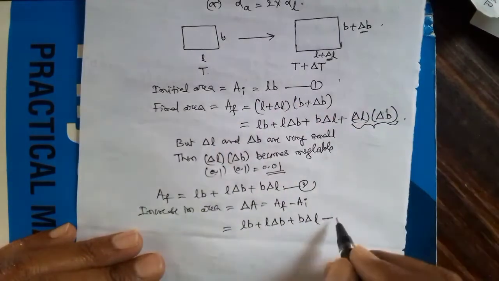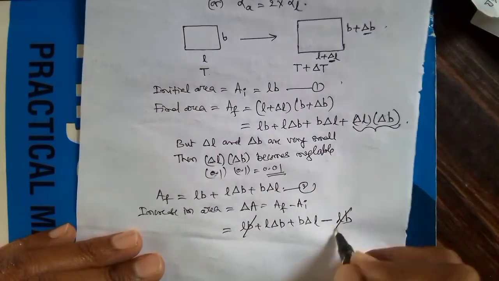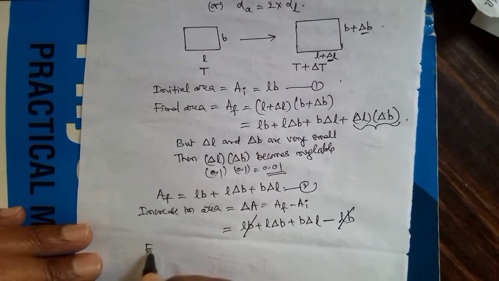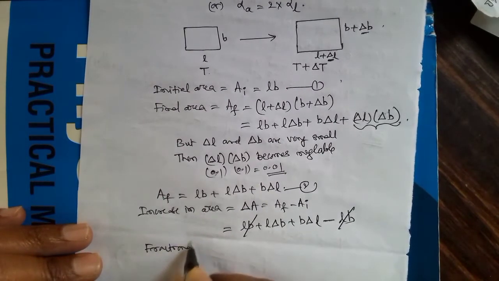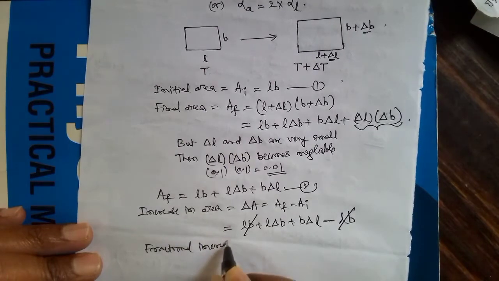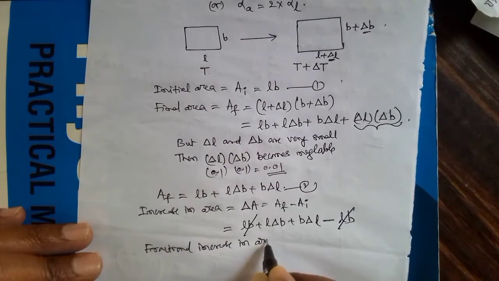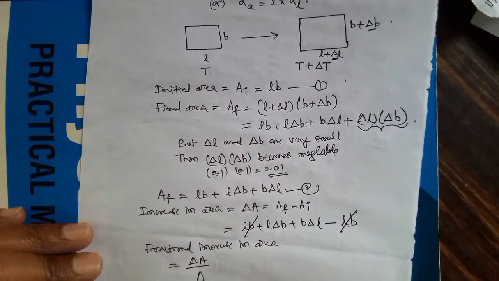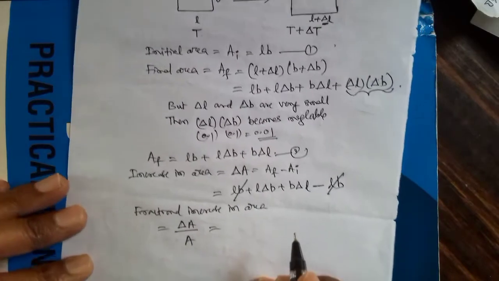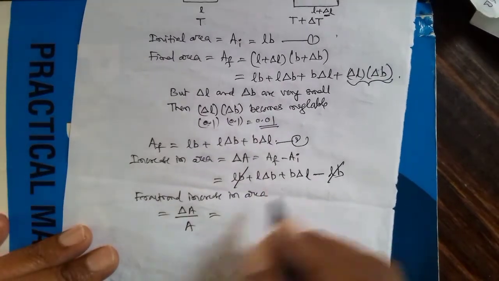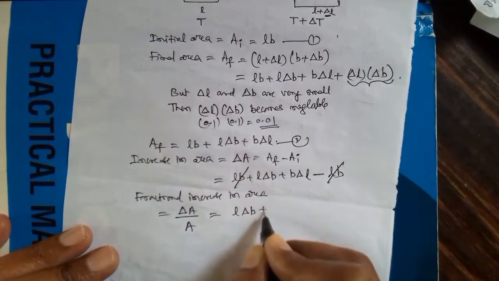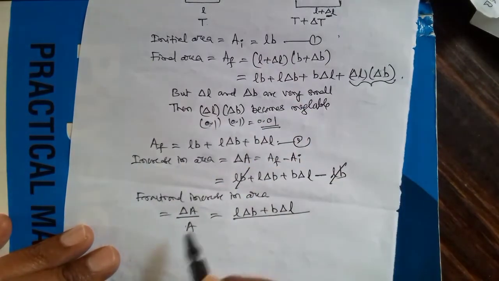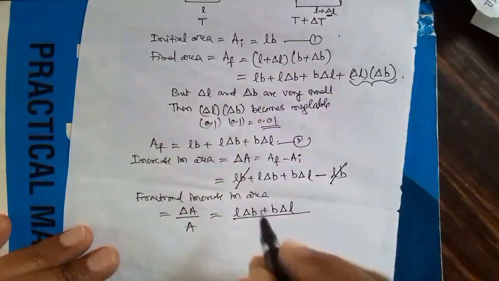So fractional increase in area is delta A by original A, initial A, which is L delta B plus B delta L divided by A. A means initial, means LB.